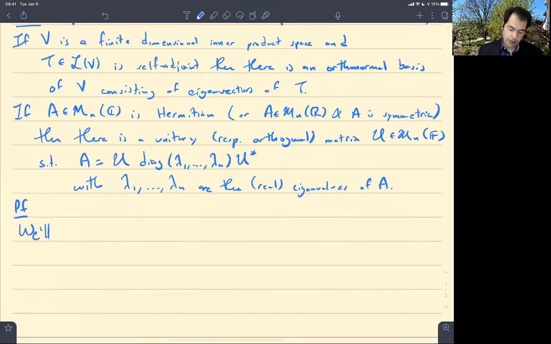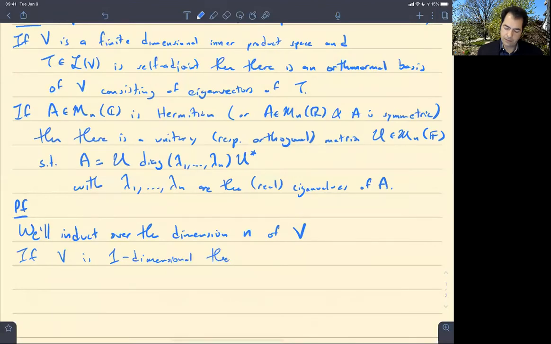So we'll induct over the dimension n of V. If V is one-dimensional, there's nothing to prove, because if you have a linear map from V to itself, then every matrix associated to it is just a one-by-one matrix, and so it's automatically diagonal. So there's nothing to prove.